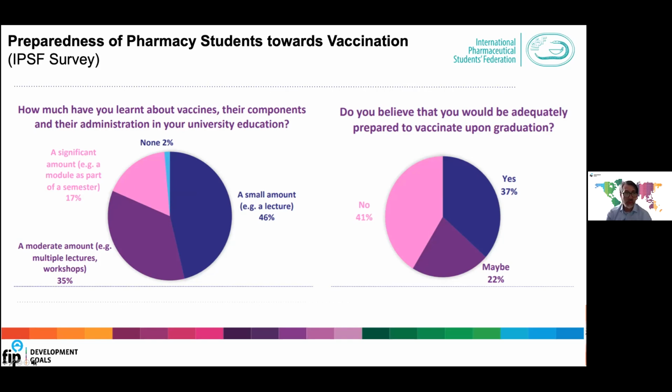What we really want is 100% on both of these diagrams here, rather than some no's and some maybes as quite high proportions. My thanks here to the International Pharmaceutical Federation for a recent global survey that they conducted on preparedness of our current pharmacy students.